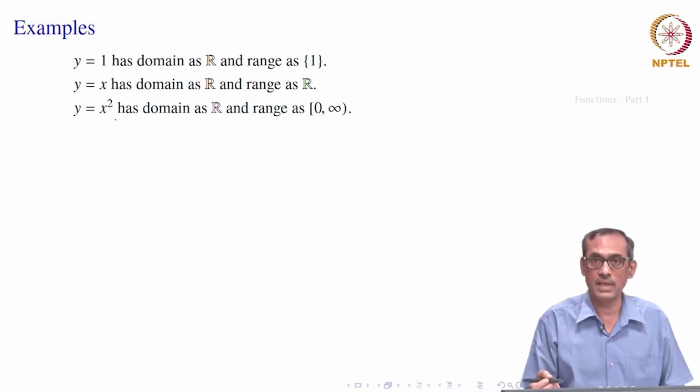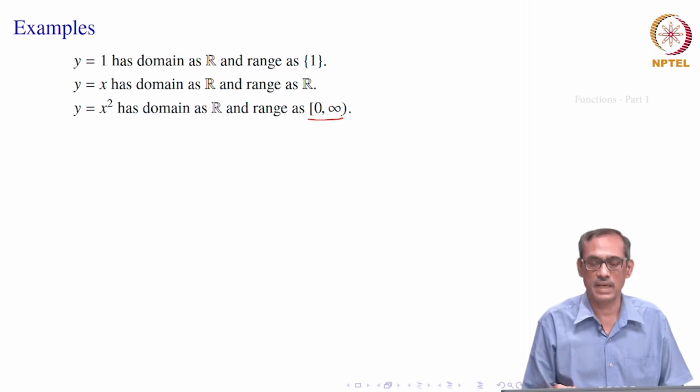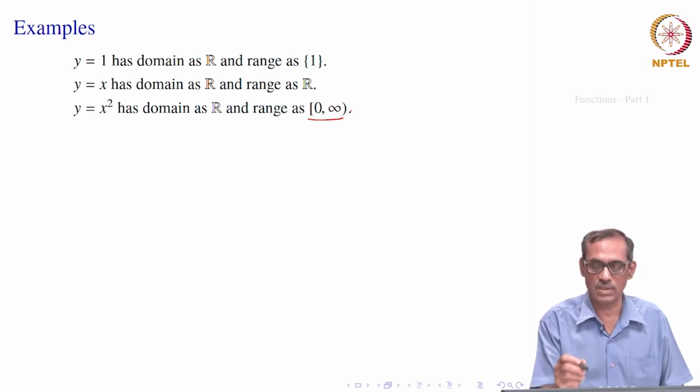So, at best it can be R plus, the positive and 0 including, and it is so because for any point in 0 to infinity including 0, you will get one point there whose square is this. That is why its range is equal to the set of all non-negative real numbers, that is closed 0 to open infinity.